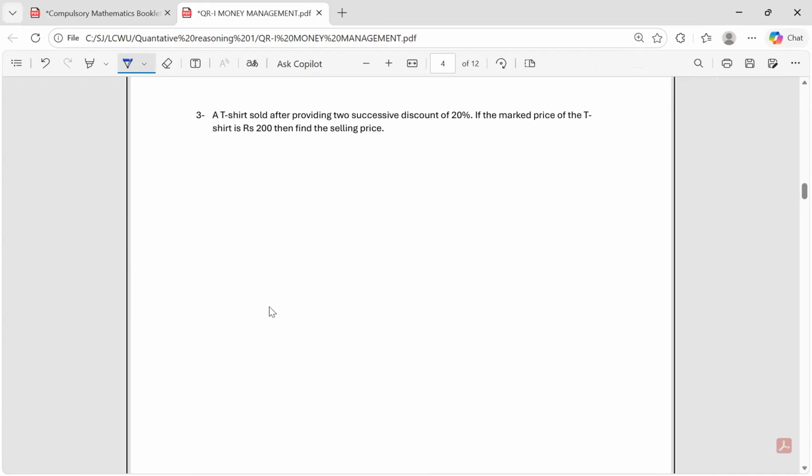So the first discount is equal to 20% of the mark price, that is 200 rupees. So it is 20 by 100 multiplied by 200, equal to 40 rupees.